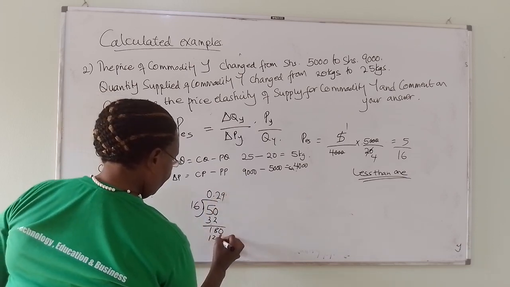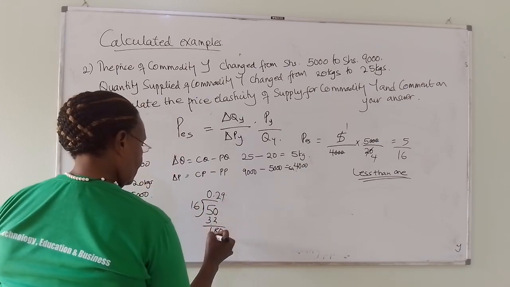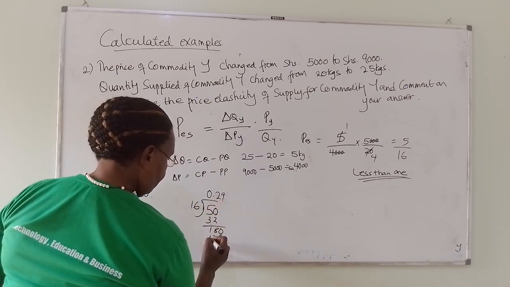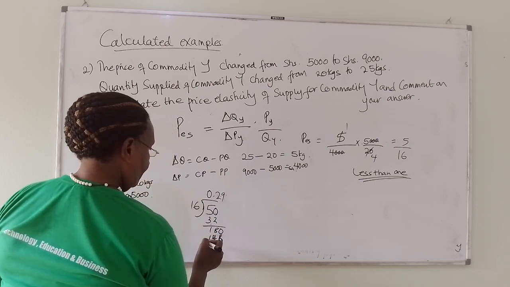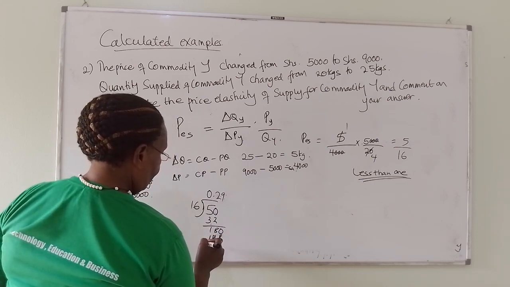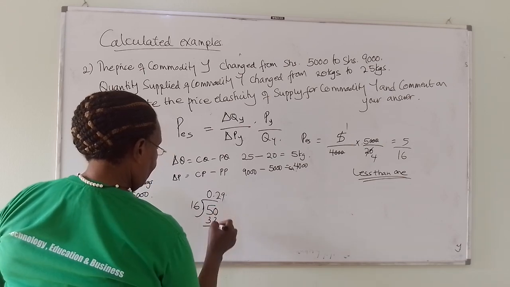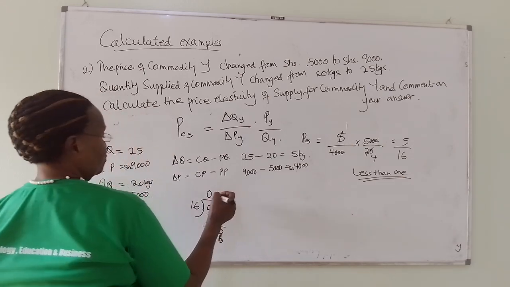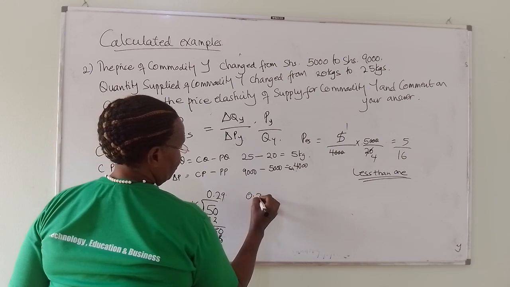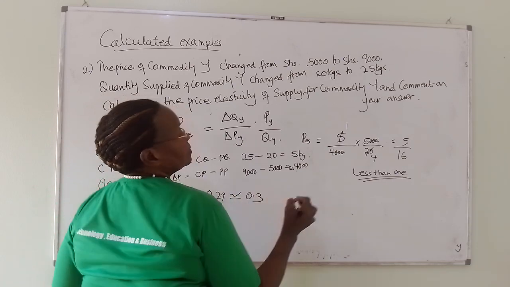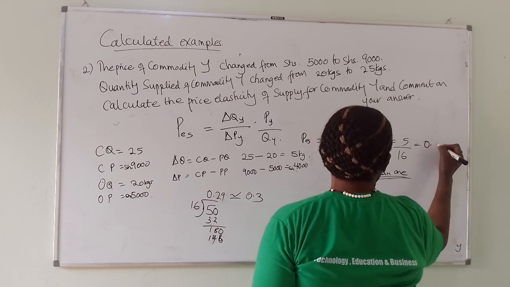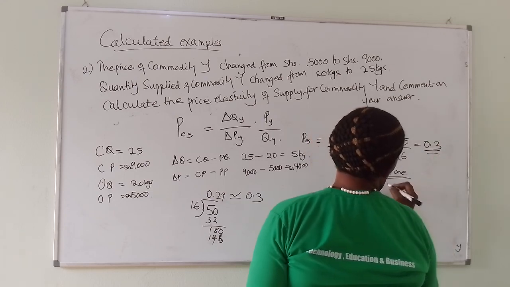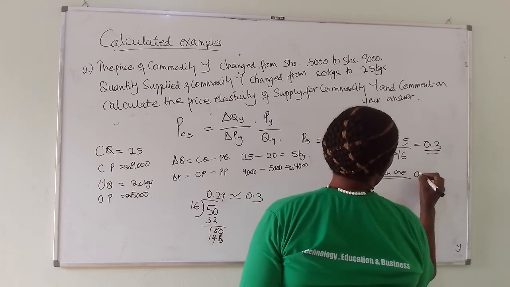Okay, that is going to be 56. And 9 plus 5, 140. So it's almost 0.3 approximately. So here we have approximately 0.3, and that value is less than 1.